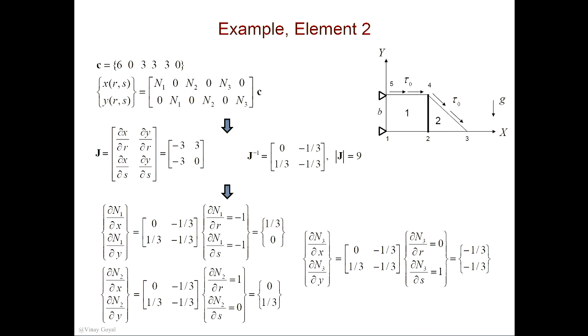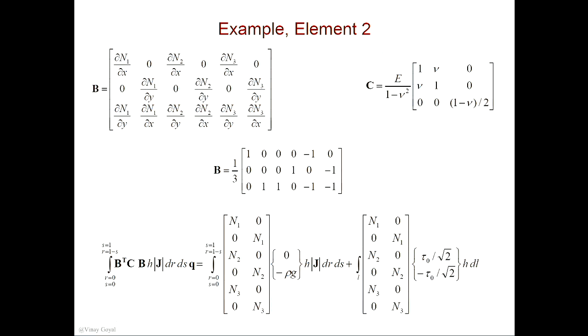Then, once I have the Jacobian, I can also find the derivatives. If you remember from the previous lecture, shape function 1 was 1 minus r minus s, remember? So the derivative of that with respect to r is minus 1. And then you can calculate the derivatives, multiply all this, and you get very nice numbers actually. They're all numbers. I can plug this in now into B bold, and when I do that, I get a matrix of numbers.